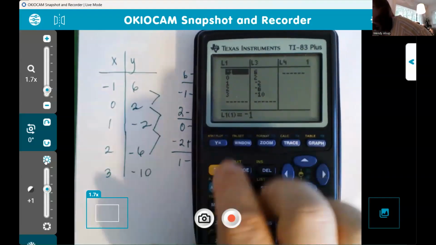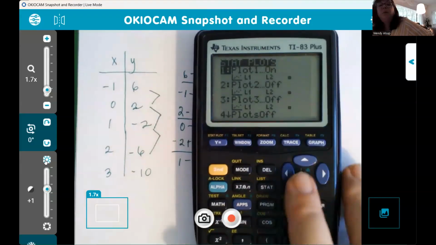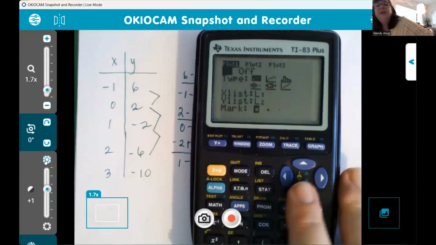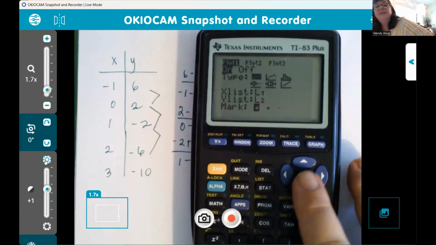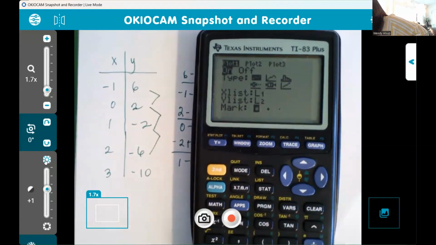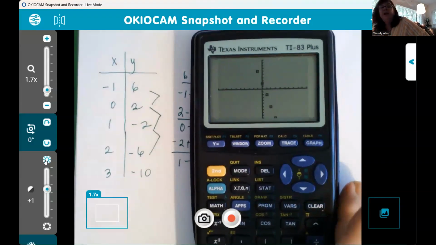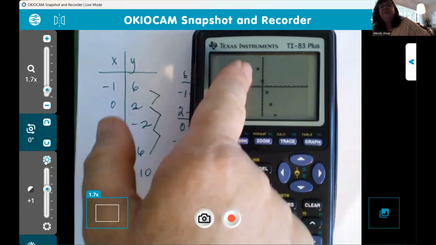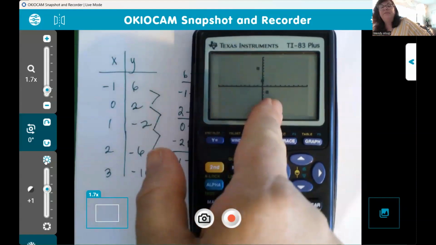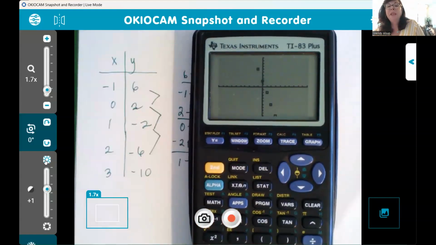I should have used L1, and my y's, I didn't realize, were in L3. All right, now let's graph that, and you can see they fall right in a straight line. The slope was consistent everywhere there.